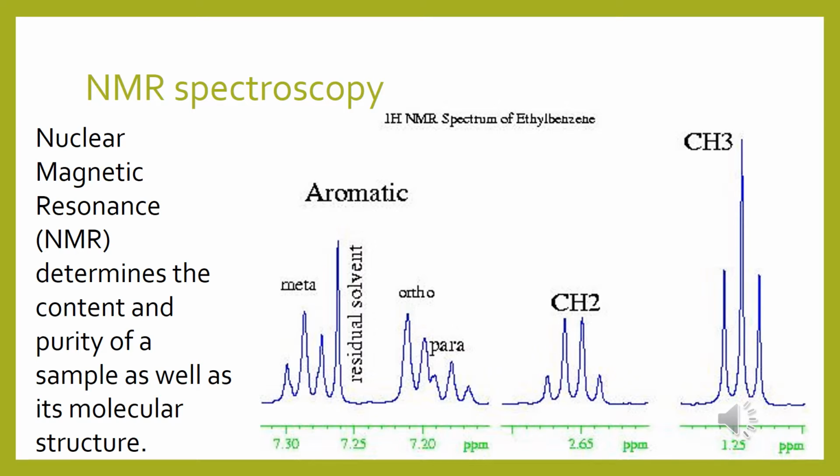When we write down the molecular structure, that's when we use para, ortho, or meta. This one is CH2, this peak is the same, so it can be CH2, and this one is CH3.